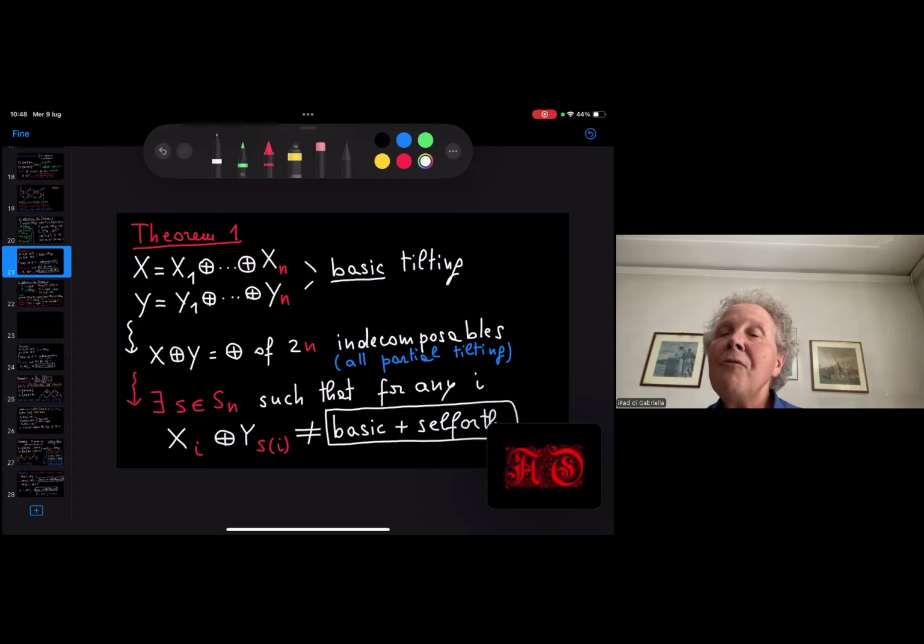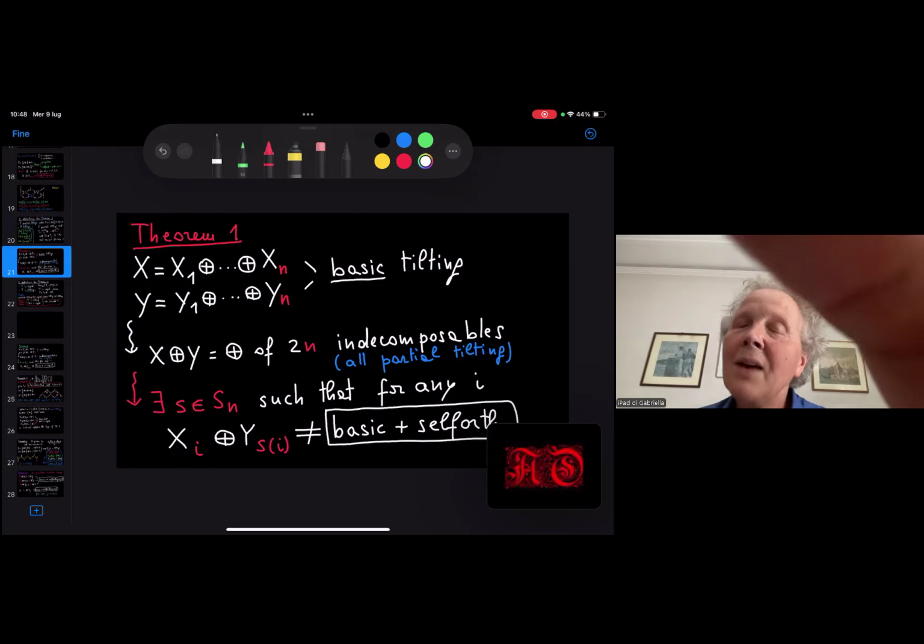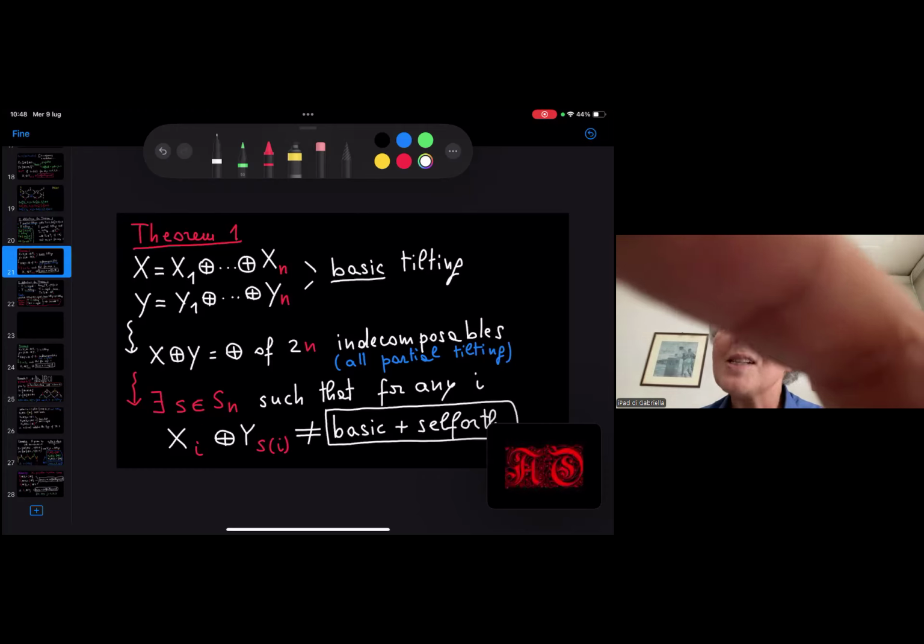However, there is a permutation S in the symmetric group Sn, such that for any i, the direct sum of Xi and YSi is not basic plus self-orthogonal. And this is exactly what I've shown in the first two examples.